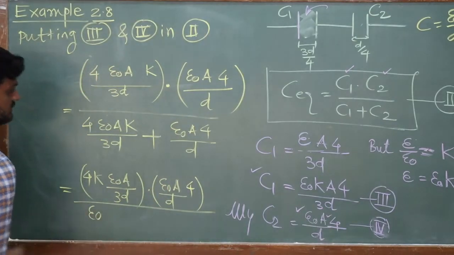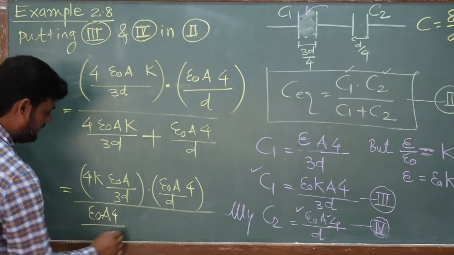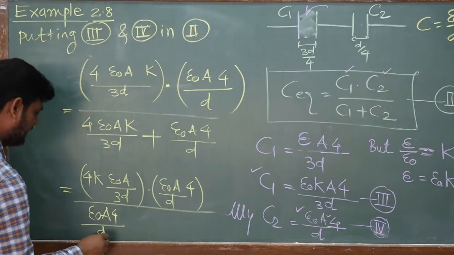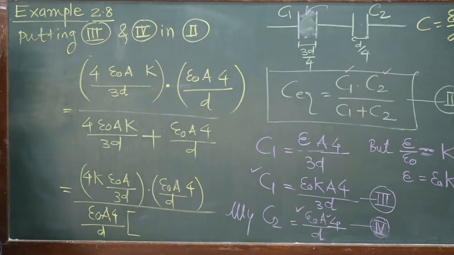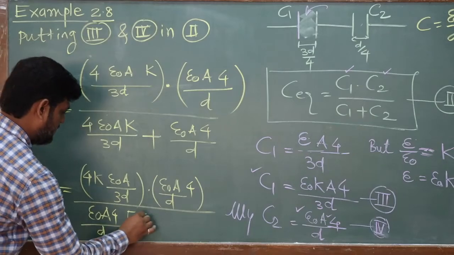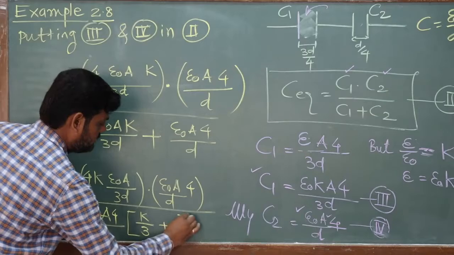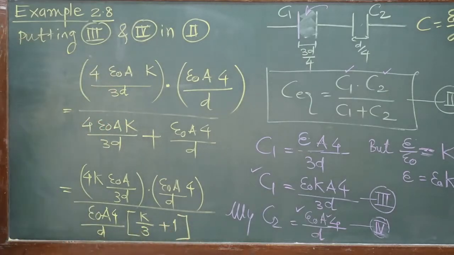Epsilon 0 we can take outside, A we can take outside, 4 we can take outside, and D also we can take outside. So which term remains over here? So it becomes K by 3 plus 1 will be inside the bracket.